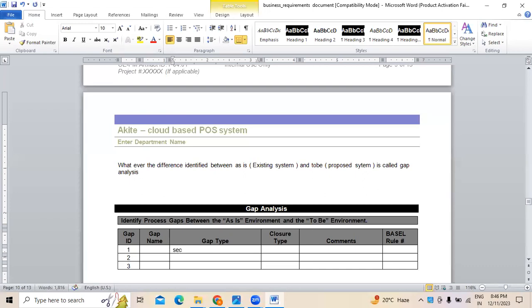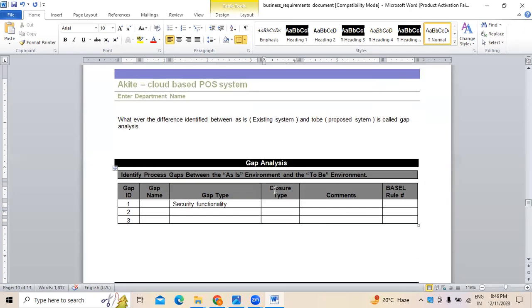So what kind of type is it? For example, security functionality. The closure type is open, so it is still open.